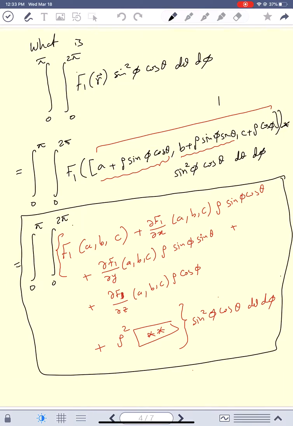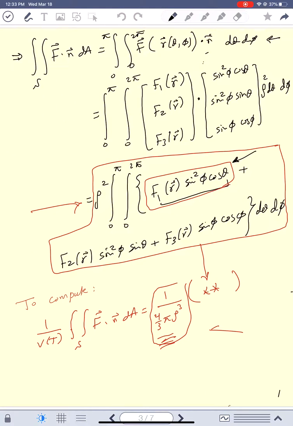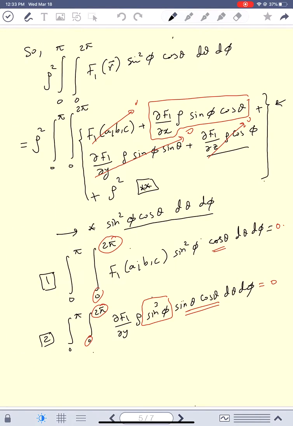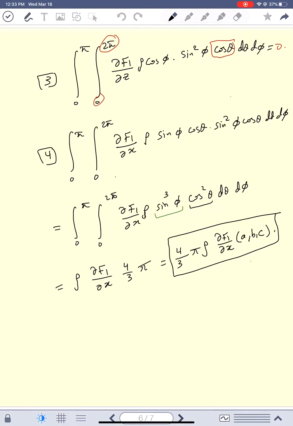However, remember, we want to multiply this integral with rho square. Remember the rho square comes from the normal vector. This is where the rho square came from. Then we need to divide by the volume of the sphere. So if we do this, 1 over the volume of the sphere times the surface integral of f dot n dA.